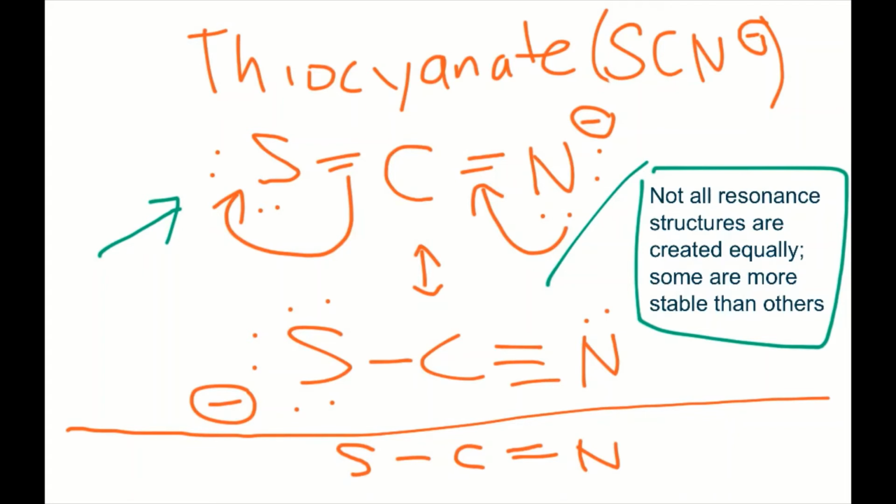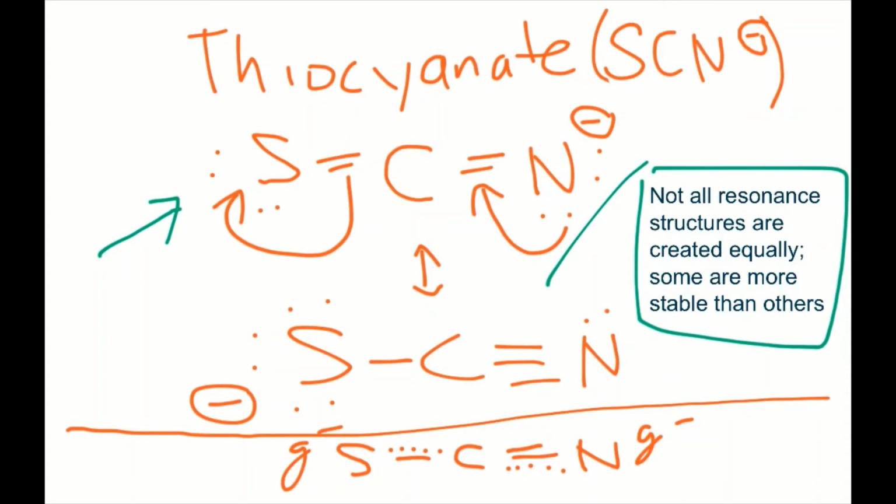Now, delocalized includes this pi bond here. And this pi bond here is also delocalized since it doesn't occur in this picture. And the -1 charge is going to be distributed between the sulfur and the nitrogen. So it's going to be that and that.